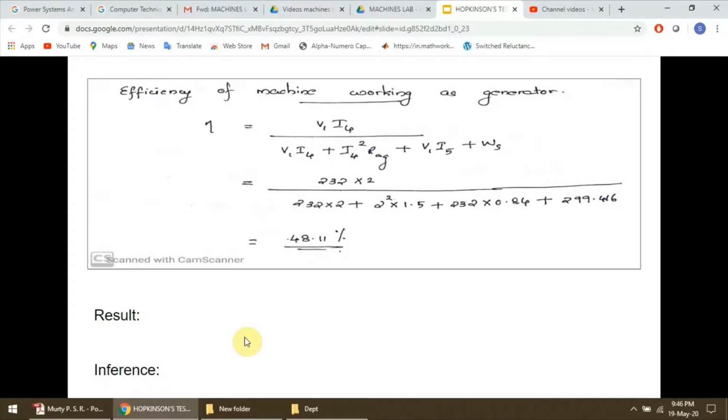Also, since both the machines are operating at full load condition in Hopkinson's test, the effect of full load armature reaction and full load temperature rise will be considered, whereas in Swinburne's test we make it run under no load condition, so the full load armature reaction and full load temperature rise cannot be determined.